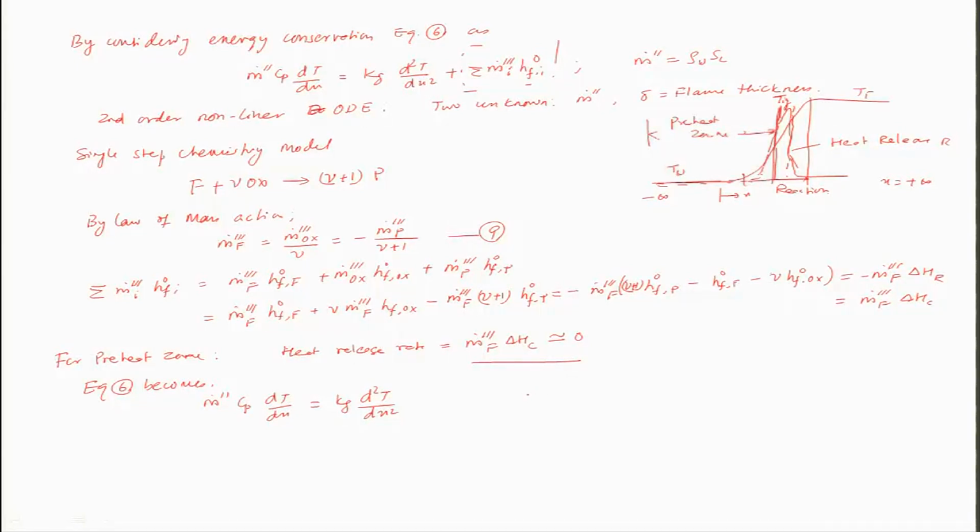What are the boundary conditions here? The boundary conditions are: at x equal to minus infinity, dT by dx is equal to 0 and T is equal to T u, and at x equal to x ignition, T is equal to T ignition. Are you getting? T ignition.